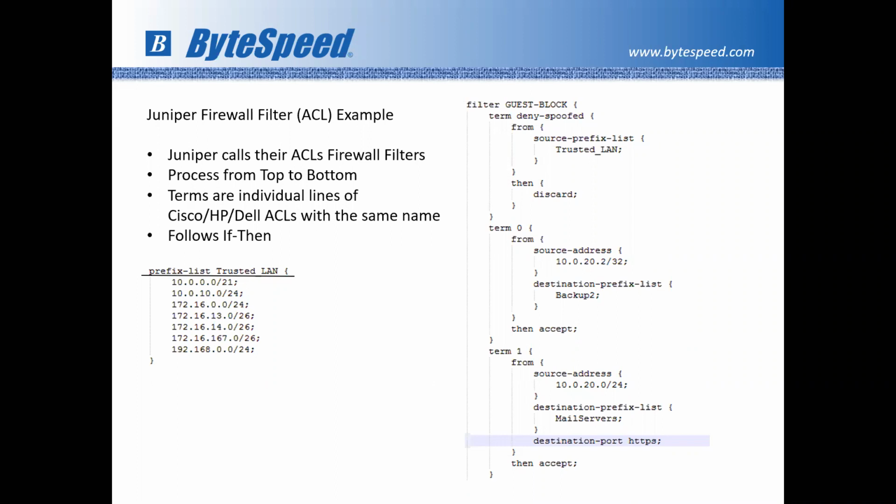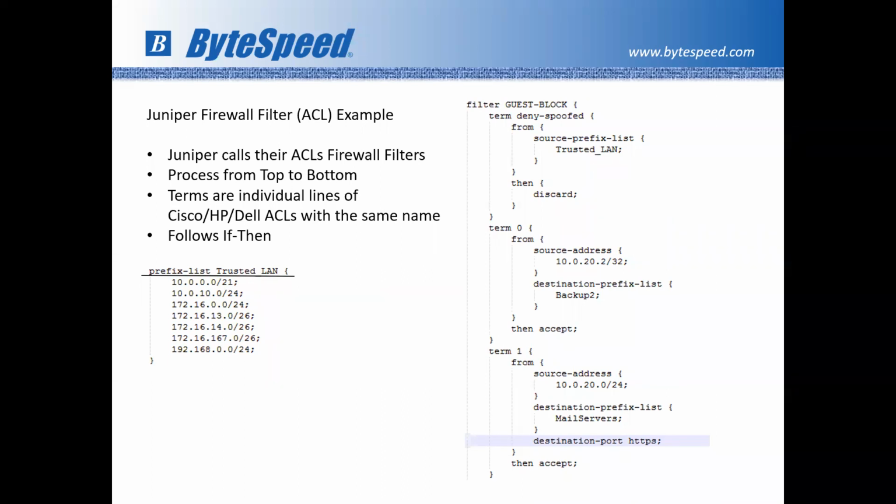So in this firewall rule, we have a trusted LAN prefix list, which is all of our networks that we trust, and on our guest network, we want to deny spoofed traffic.